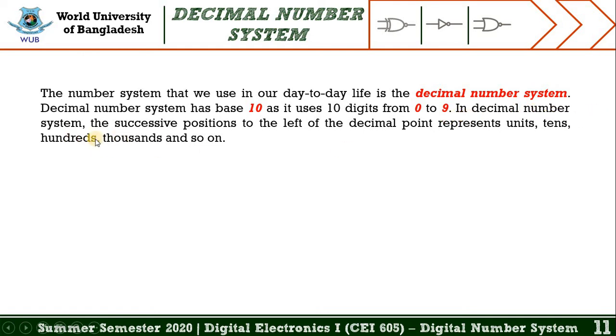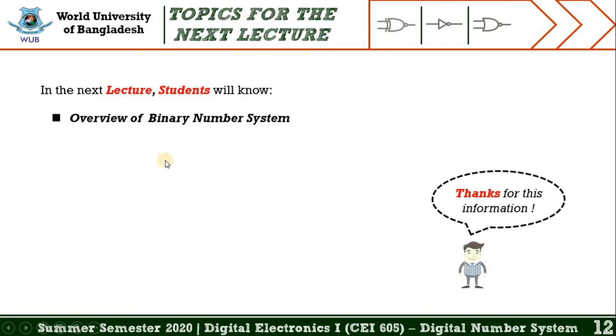In decimal number system, the successive positions to the left of the decimal point represent units, tens, hundreds, thousands, and so on. You will learn about the binary number system in the next lecture.